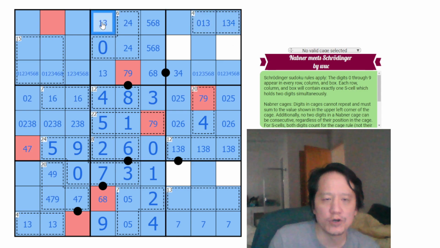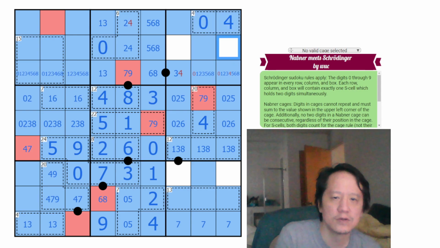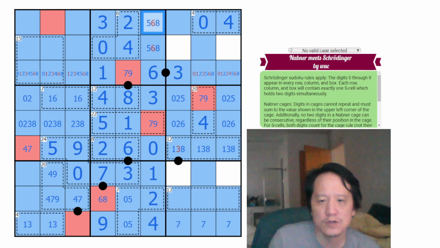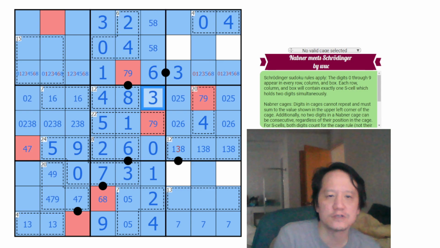Okay, so this cannot be 1 and 3 because that would be 3. This is 0 and 4. So this is 3, which means that's 6, 1, 3, 2, 4. So no 6s here. No 0, 1, 3, 6. And 4, 2.